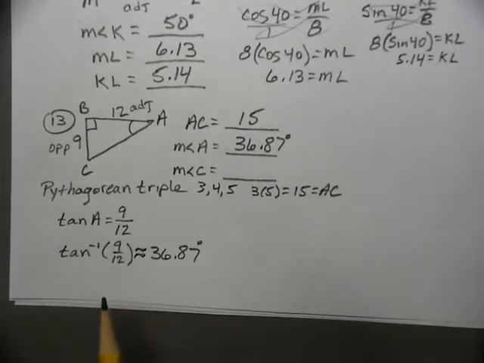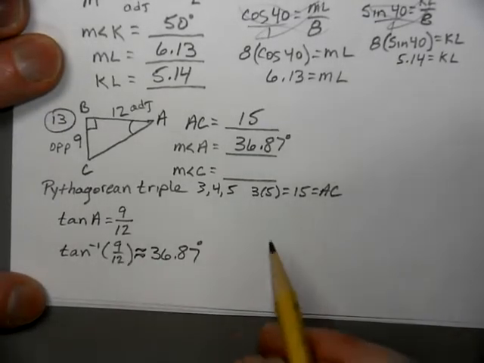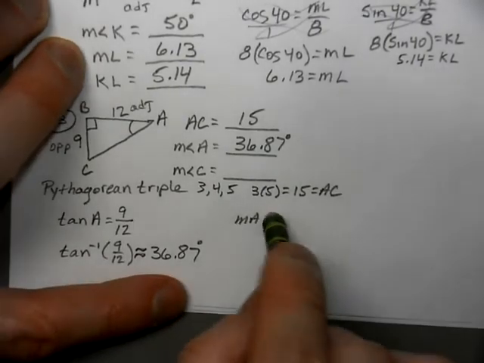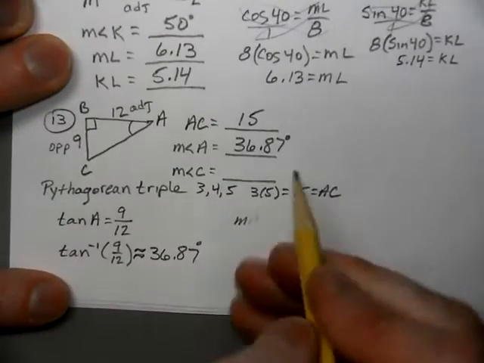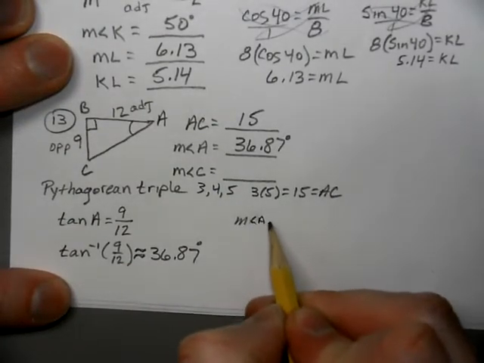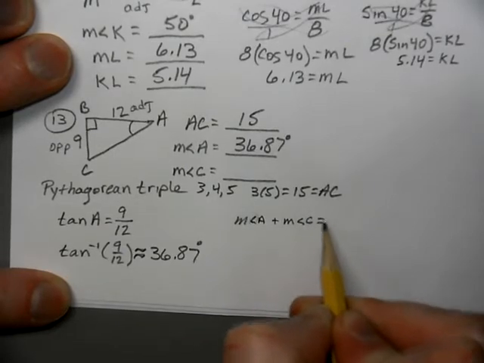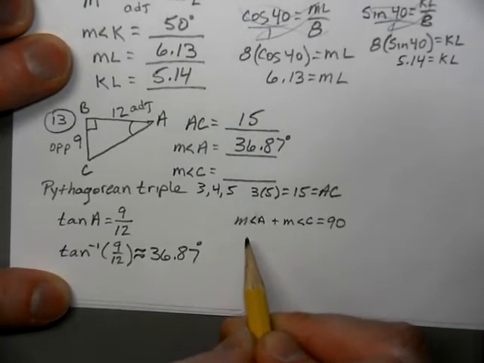So that's going to be true for every 3, 4, 5 triangle. This is a multiple to make it bigger, but the angles always stay the same. So now the measurement of angle A plus the measurement of angle C, we know make 90 degrees.